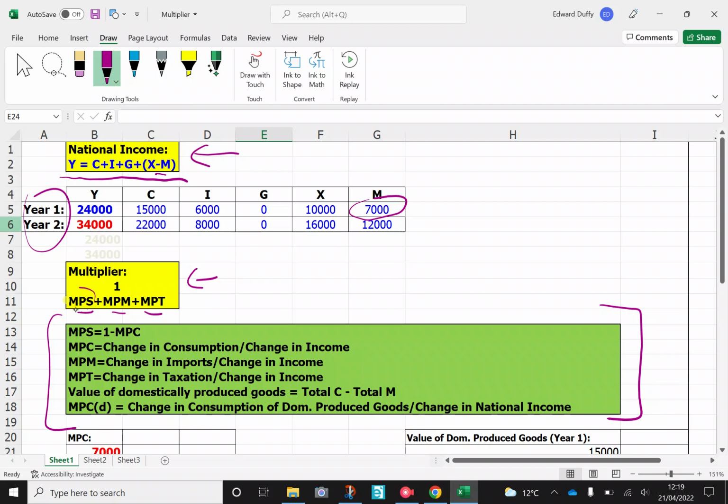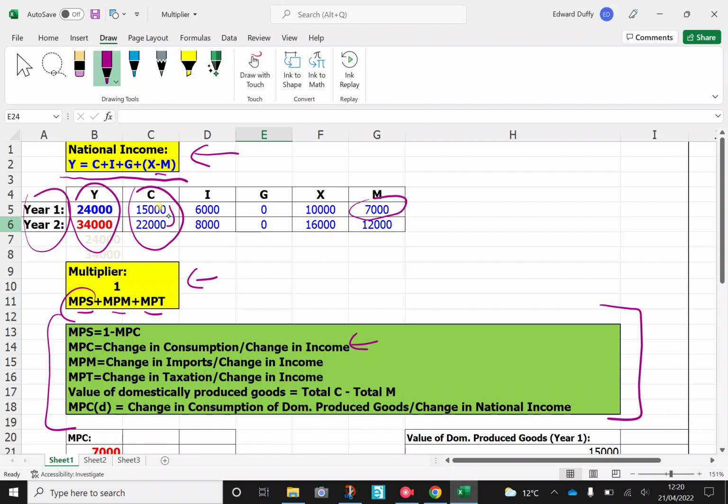So the first one we need is MPS, which is the change in savings. Now we calculate that by first of all working out MPC. So you can see here that MPC is the change in consumption over the change in income.